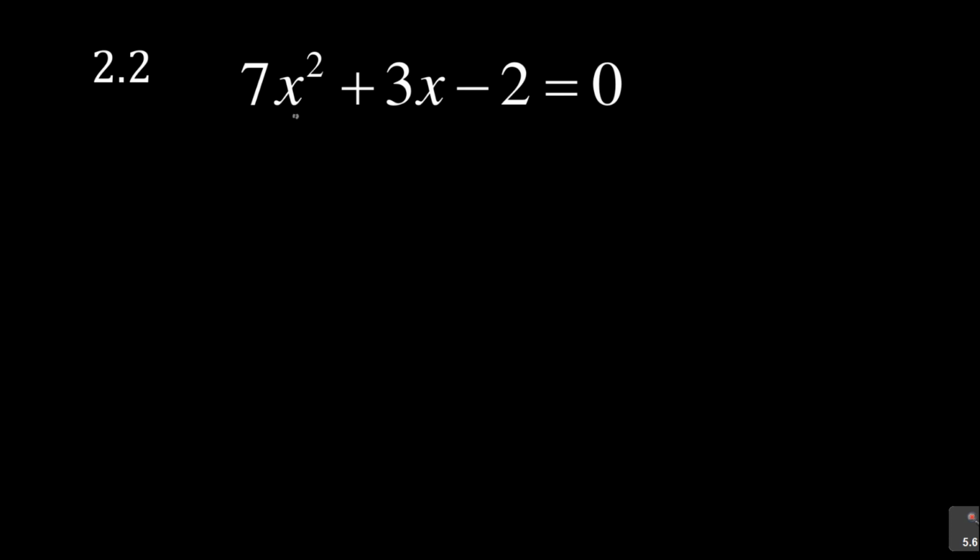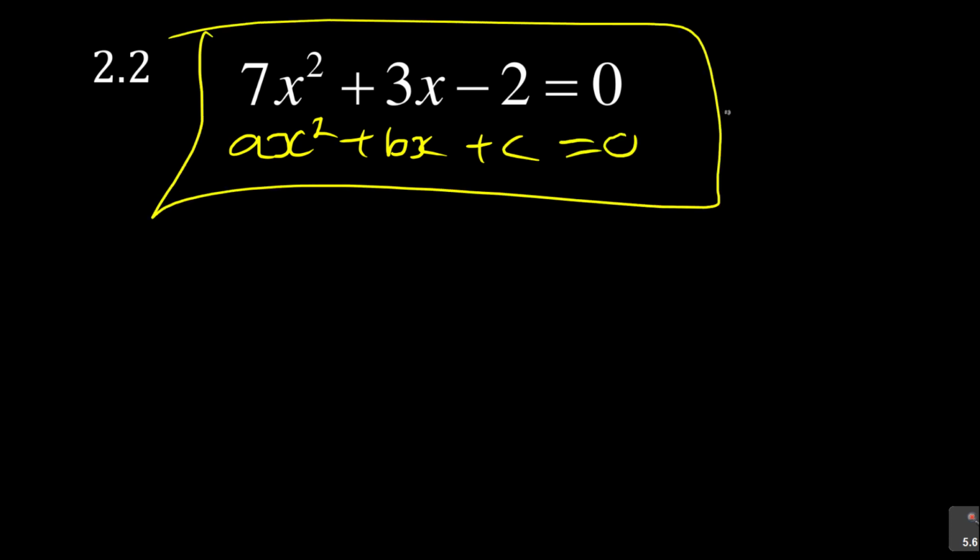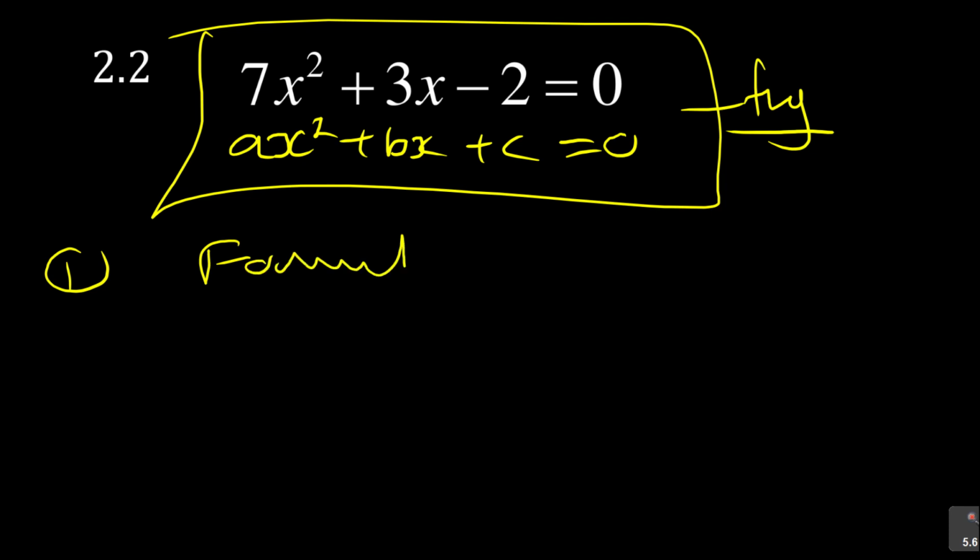Now I'm not going to do the longer way, I'm going to do it much quicker. Let's look at this. Remember, this is ax squared plus bx plus c equal to 0. Before I do it, can you try it on your own? Try this. Number 1, use the quadratic formula.